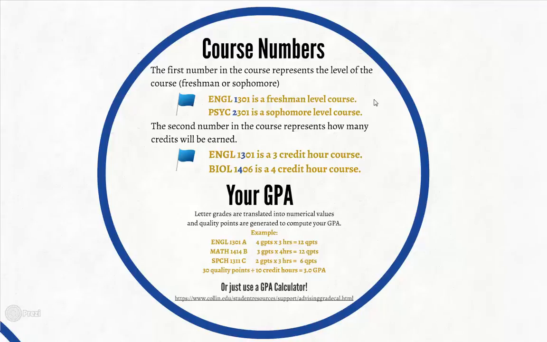Freshman level courses are usually the courses that you take when you first come in, like an English, a first level math, history, those types of things. Sophomore level courses are generally courses that students take when they're in their second year of college.